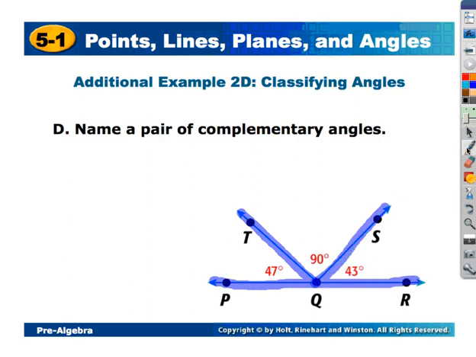Angle TQP is 47 degrees, and angle SQR is 43 degrees. And 47 plus 43 will give you 90 degrees. So remember, you do need two angles to make complementary angles. TQS is just one angle, so it has to be two separate angles that add to 90 degrees.